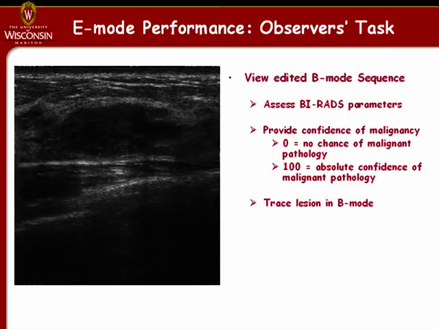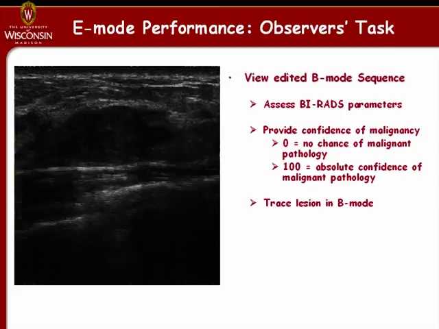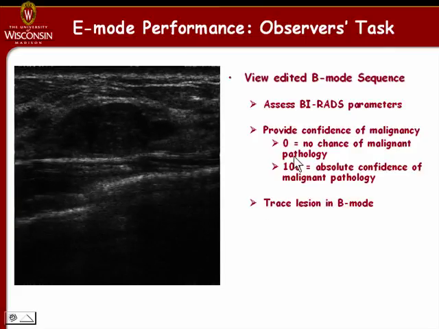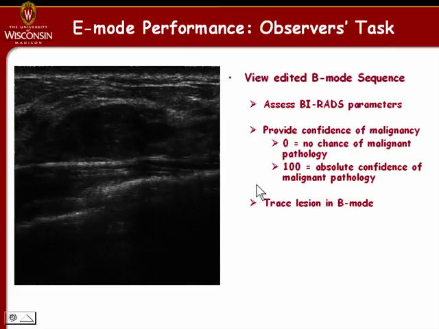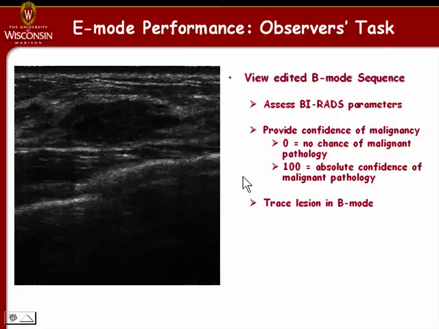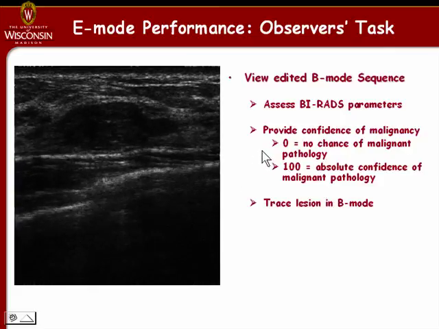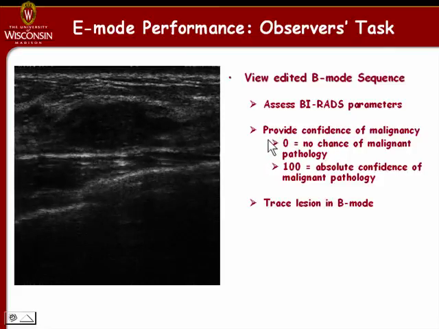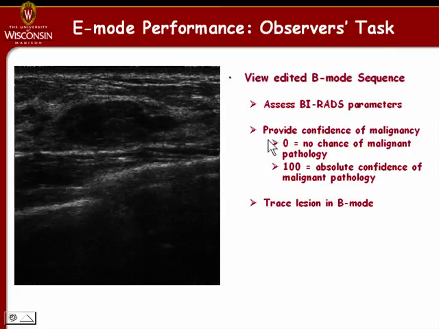Again, we asked them to do several things, but the most important in terms of this study was to provide a confidence ranking of malignancy, view the B-mode image sequence, and provide some risk of malignancy. A rating of 0 would suggest that they believe there's no chance of malignant pathology.